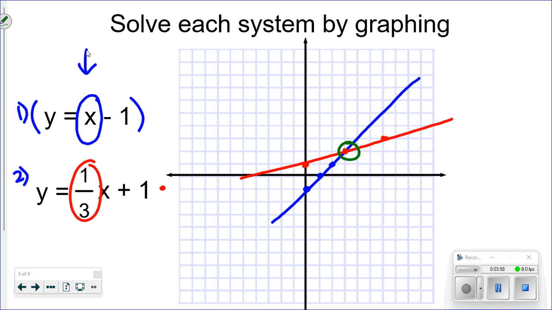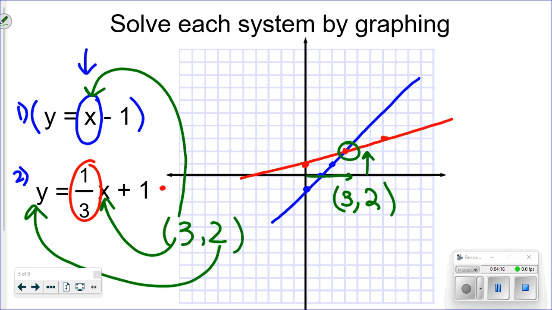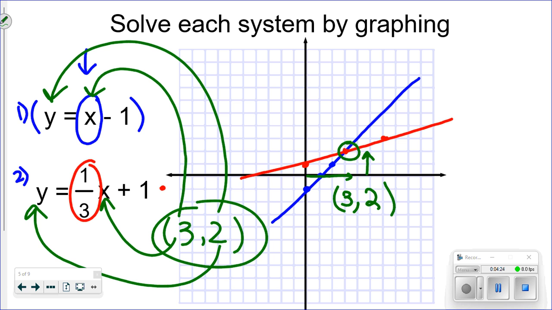Remember, when you find ordered pairs, you go this way first and then up. So this would be 1, 2, 3, and 2. So the answer to this would be 3, 2. This means that if I put 3 in for both of the x's, both of my answers will be 2. So it's a way to solve two equations and make them equal the same thing. So the answer for this would be 3, 2.